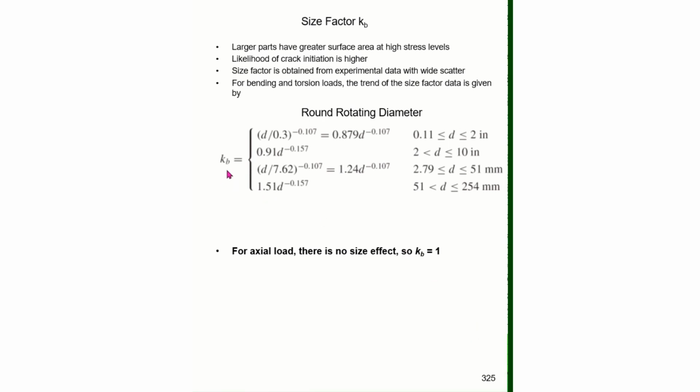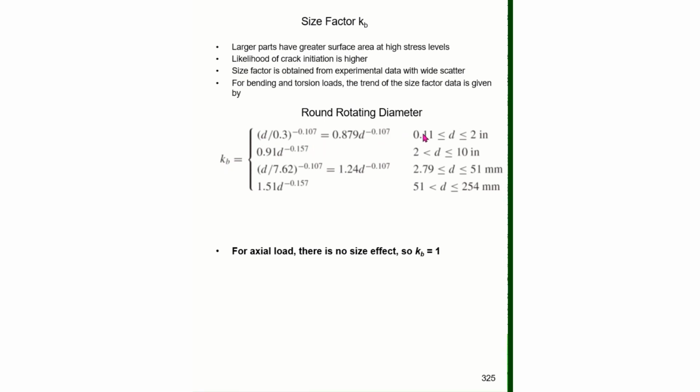And the way we compute Kb is we take the diameter of the rod, divide it by 0.3, and raise that quantity to the negative 0.107, and that computes Kb.